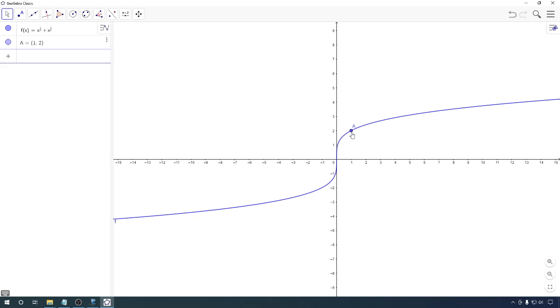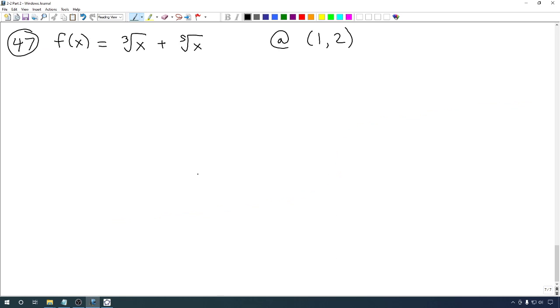And we want to find out what is the actual tangent line at that point. That question is not really obvious until we actually find that derivative. So we want to differentiate this function, keeping in mind, like I already showed you, that we can turn the cube root of x into x to the 1/3, and the fifth root of x is x to the 1/5. That's what fractional powers mean.